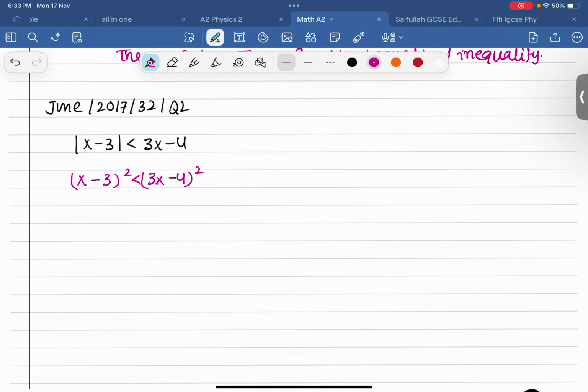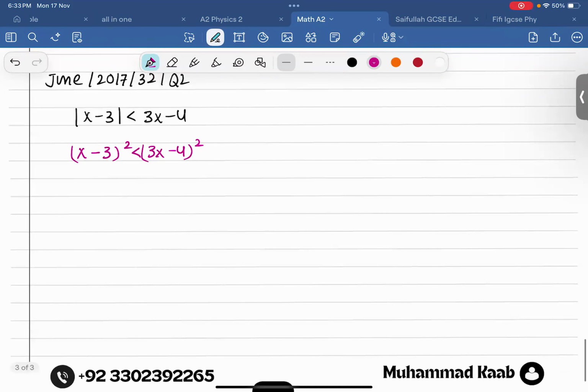and you can solve it, right? So that becomes x squared minus 6x plus 9, and then 3 squared is 9x squared, and then minus 3 fours are 12, 24x plus 16.